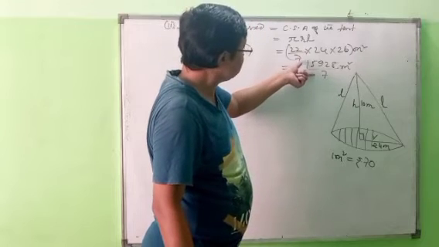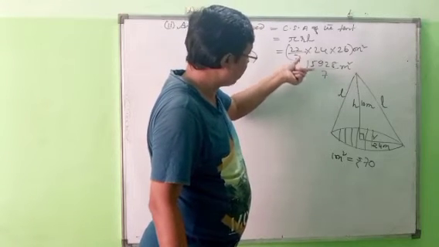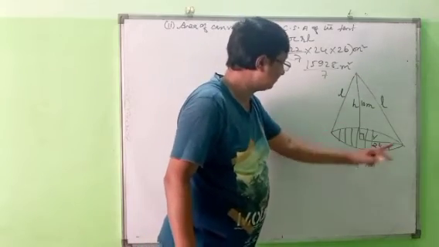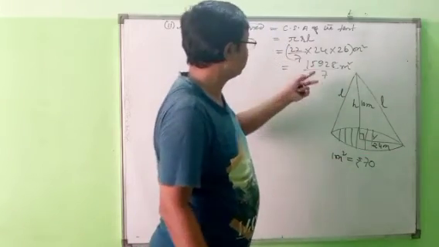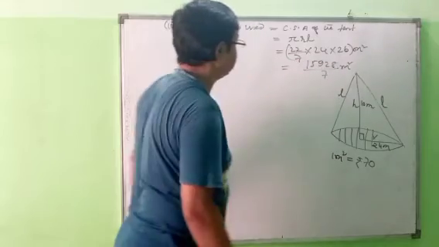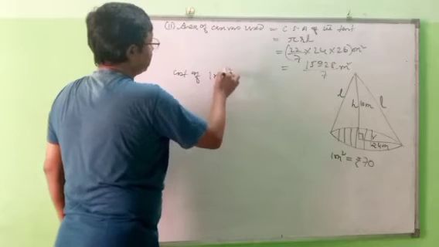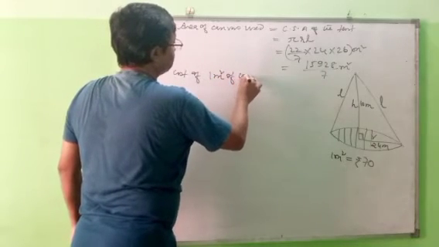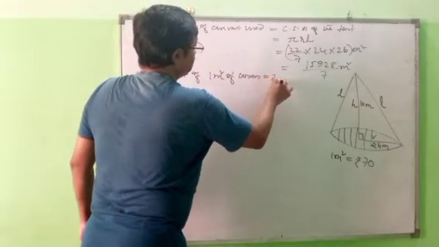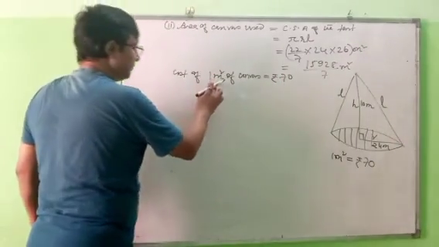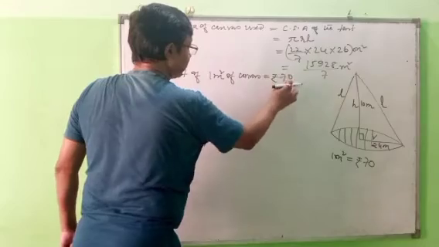For using this much area of canvas, the area is more, so the cost will be more. So you are going to multiply, then you will get the answer. Now, cost of 1 meter square of canvas equals rupees 70.